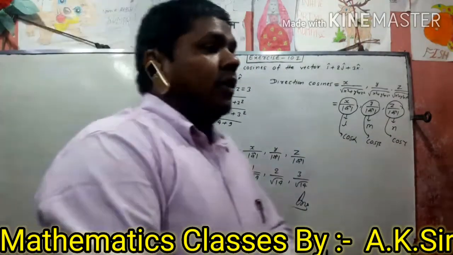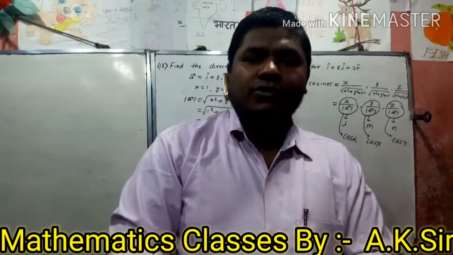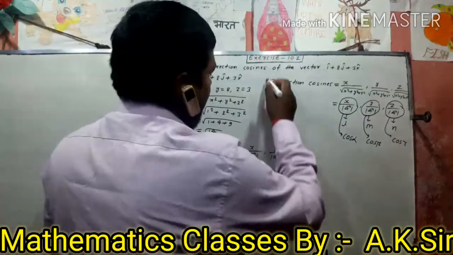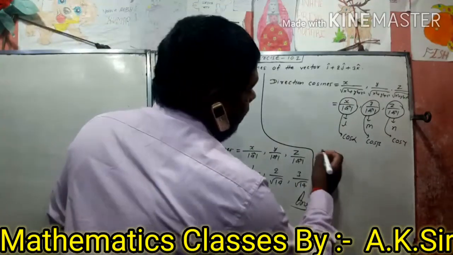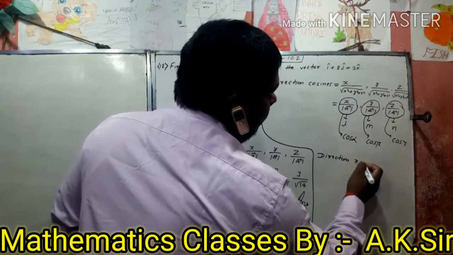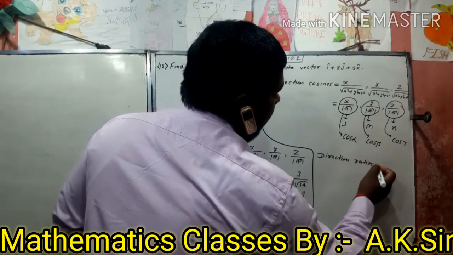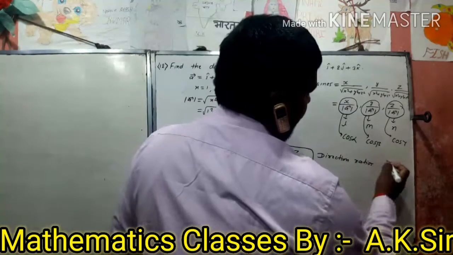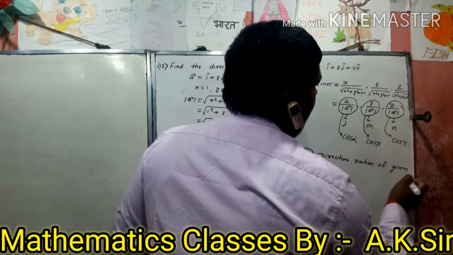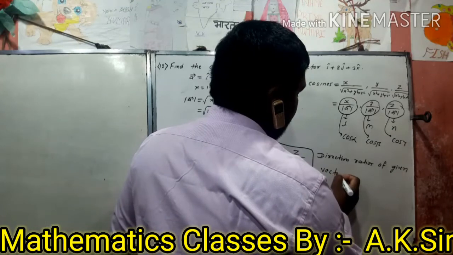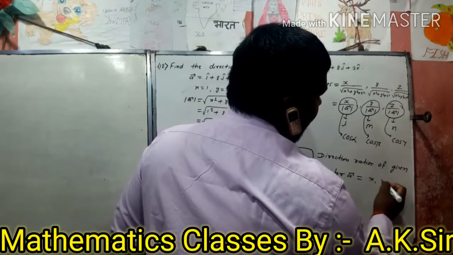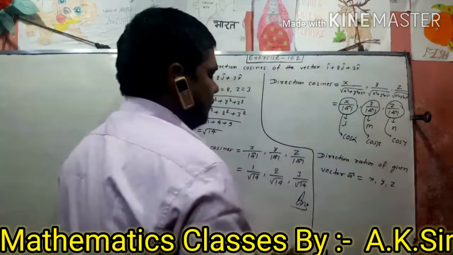But if the question is asking for direction ratios, then direction ratios of the given vector A are x, comma, y, comma, z.